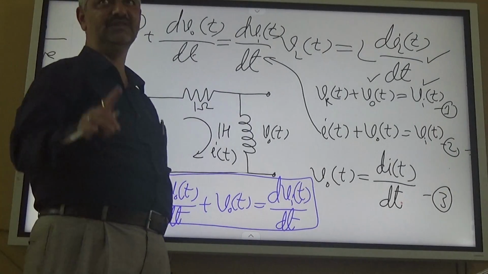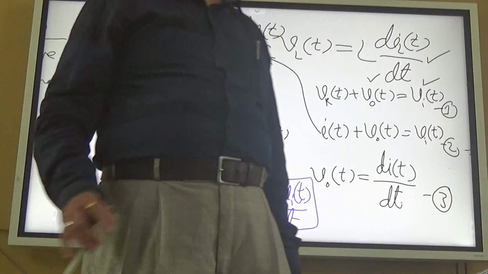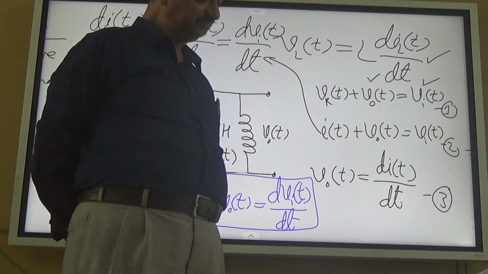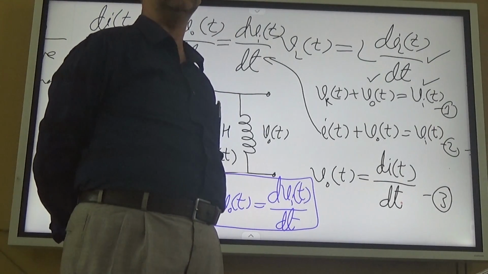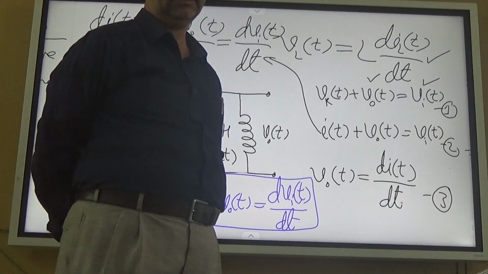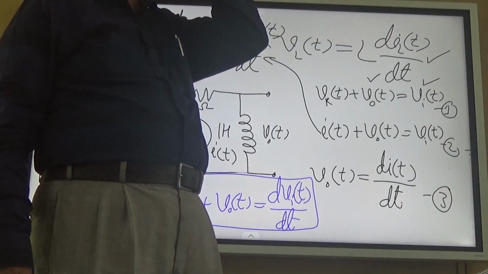Right? And the initial condition for a capacitor is expressed in terms of voltage across the capacitor, whereas the inductor's remembrance is in terms of current, because it is in terms of field. For a capacitor it is charge; for an inductor, the magnetic field is proportional to current.